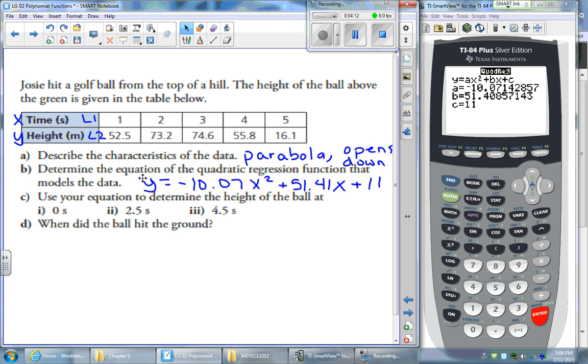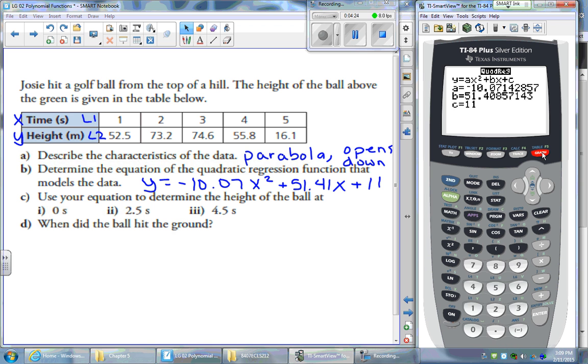This can all be done on your calculator. Now you'll note that these are all times, so each of these values are x values. If you're trying to determine a y value from your graph, it's really simple. You're going to go into your graph, and you're going to see that our equation has been stored, and now you can see the entire graph of your equation.